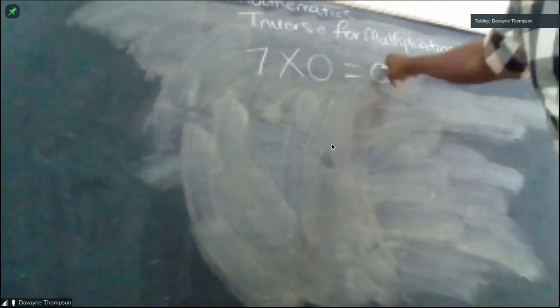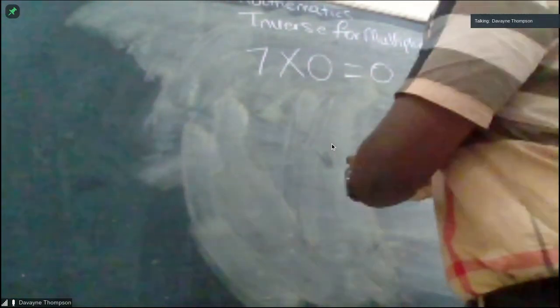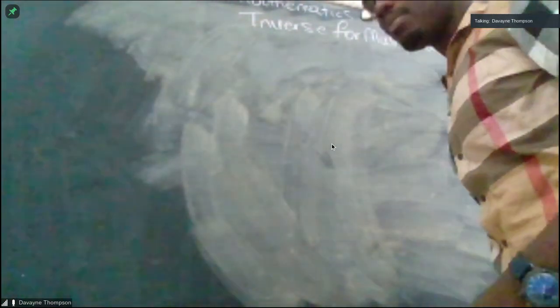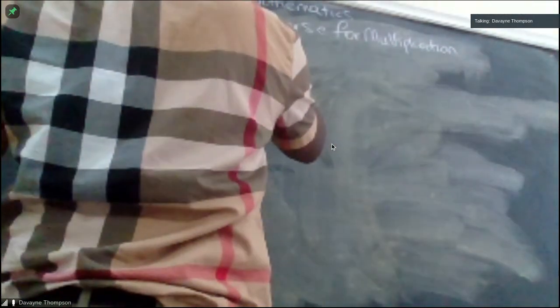Alright? So, with that idea, let's look at how a number could be inversed by multiplication. Look at this one now. Let's say I have 6 students in the class.